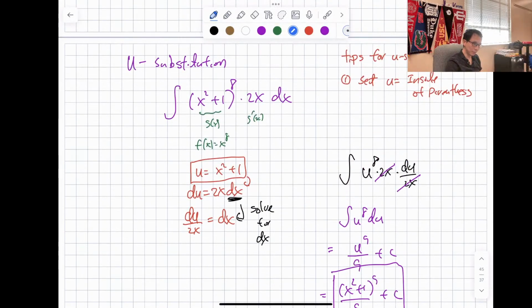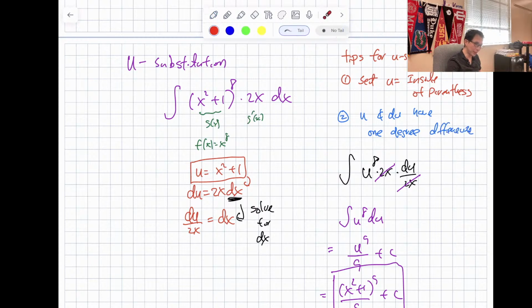Now, before I start a second question, I'm gonna give you the tips. Usually, u and du have 1 degree difference. So what do you mean by 1 degree? Look at this. x squared plus 1.